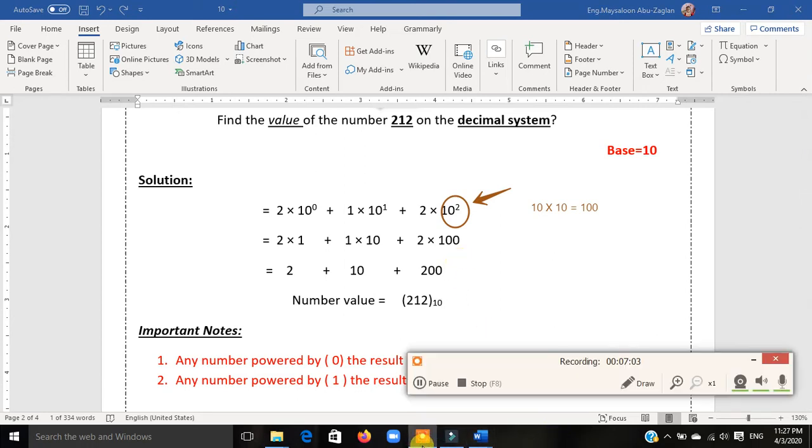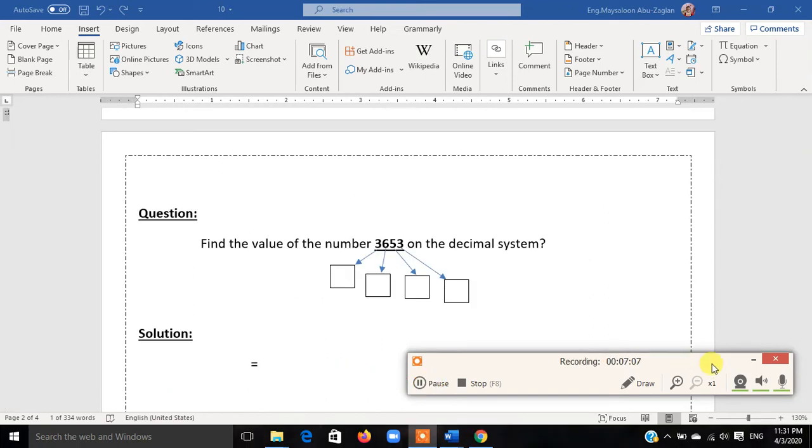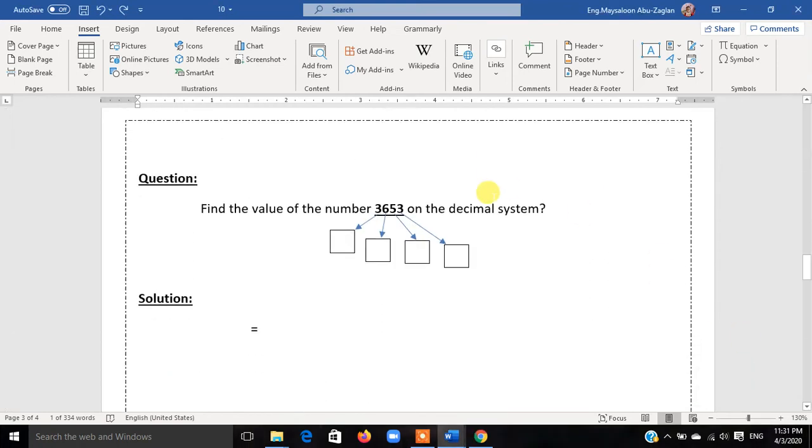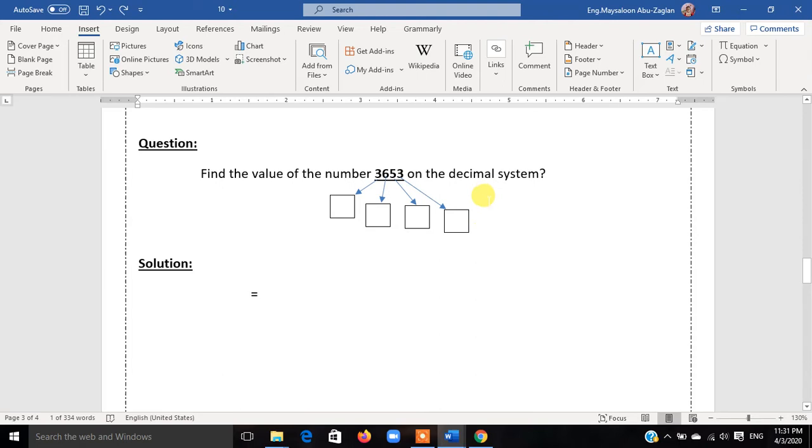Okay, so let's go. Now we are going to go through the second example. We are going to solve question number 2. I want you to focus with me. We are going through this question step by step. The question says: find the value of the number 3653 in the decimal system. So the indicator number 1 is finding the value. I need to find the value of this number using which system?